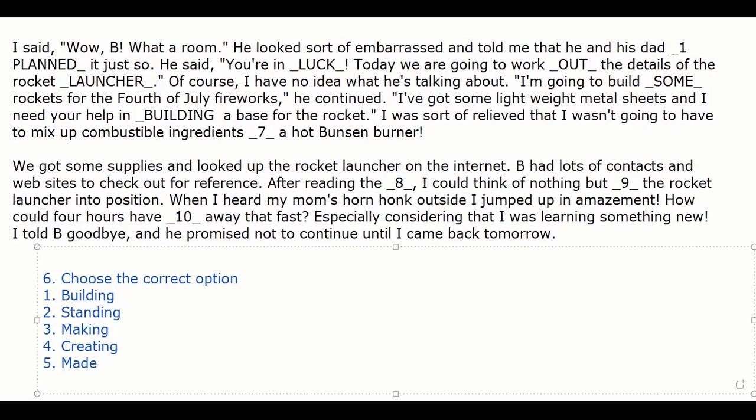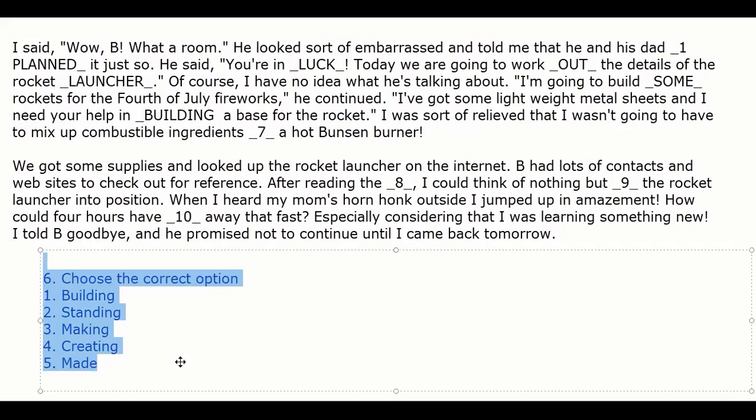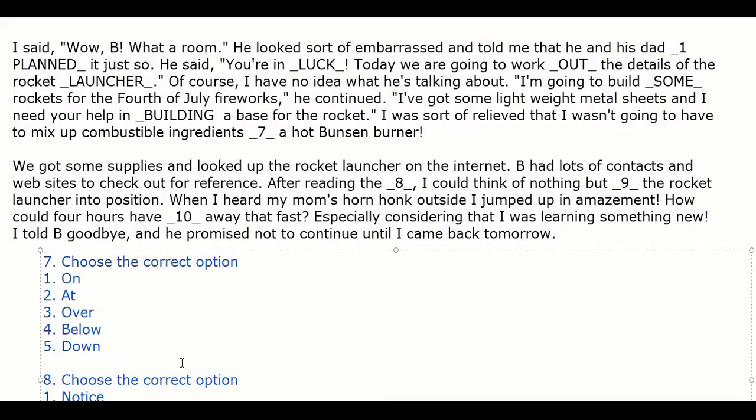Okay, let's do the next, 7th and 8th, now. Okay, try now the 7th one. On, at, over, below, or down. What does the 7th one say? I'll read it again.